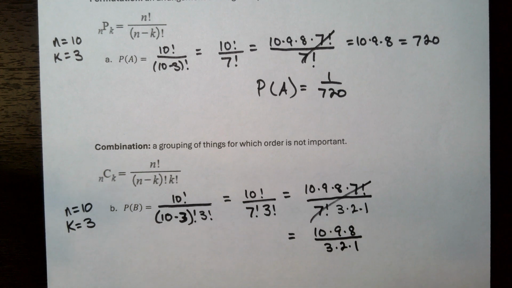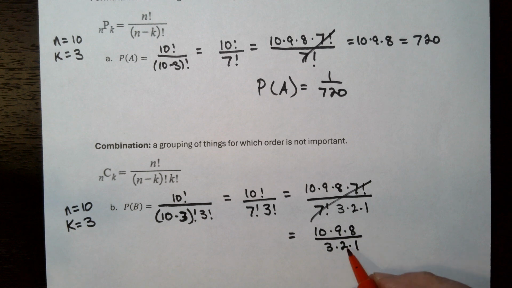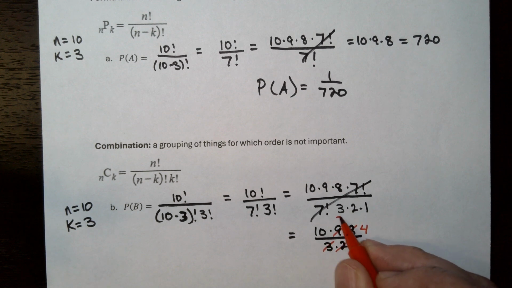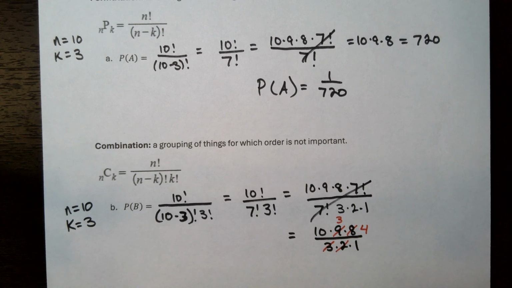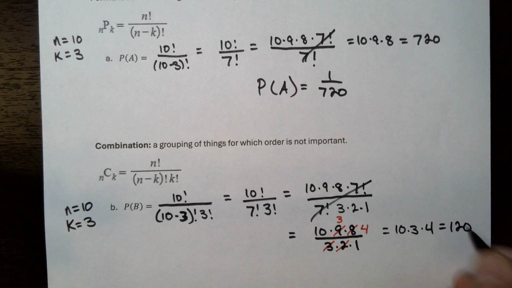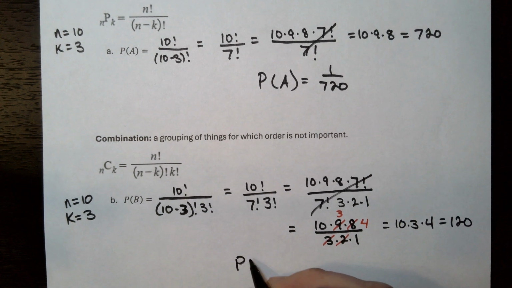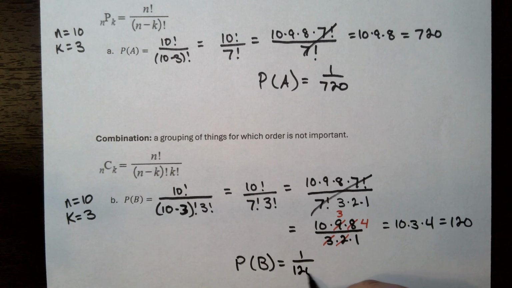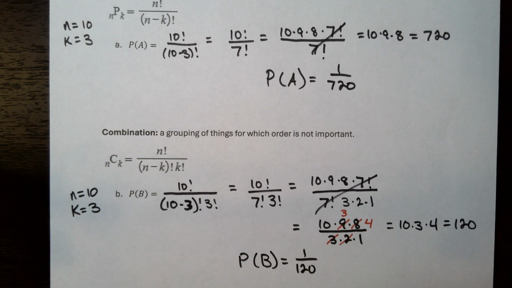Okay, so you can either multiply this out and reduce it, or reduce it first. 2 goes into 8 4 times, 3 goes into 9 3 times, so the bottom is nothing but a 1. So we get 10 times 3 times 4. 3 times 4 is 12, times 10 is 120. So our probability of event B happening is one event out of a total of 120 different possibilities. And that's it.